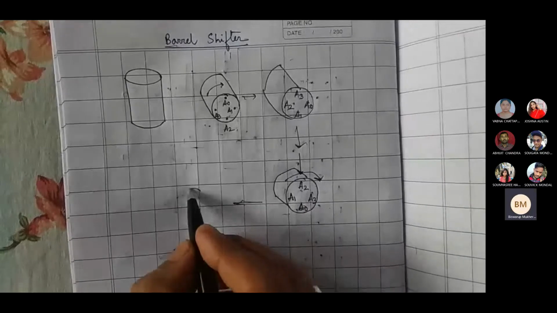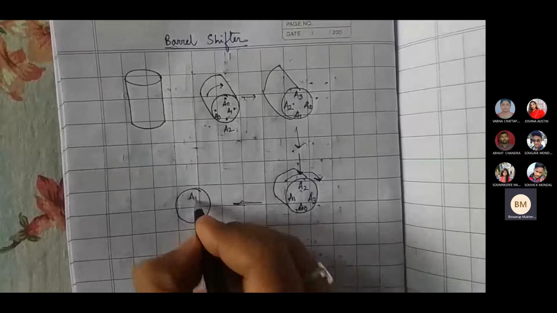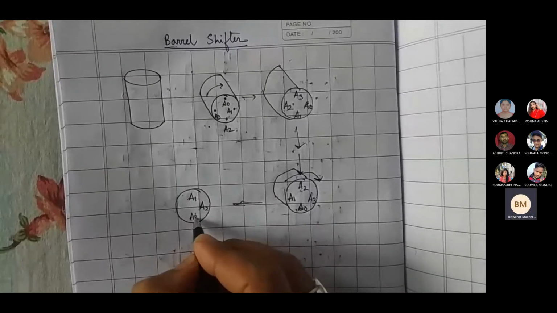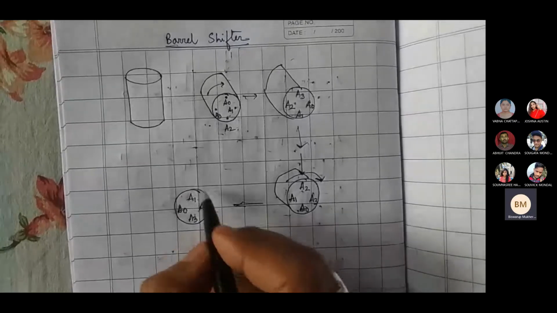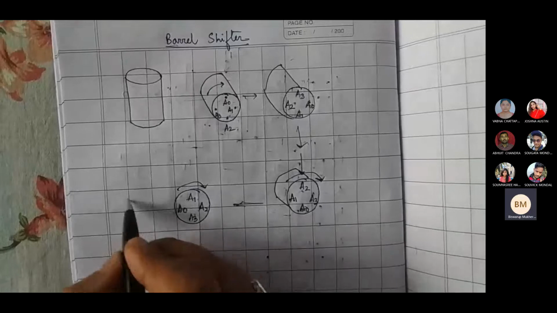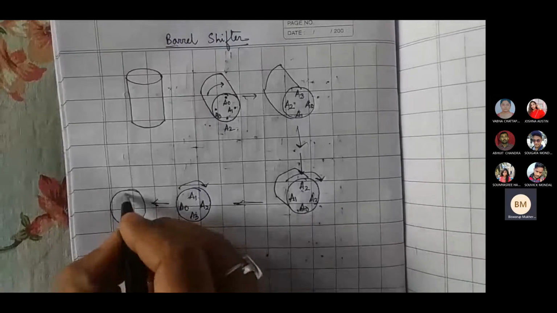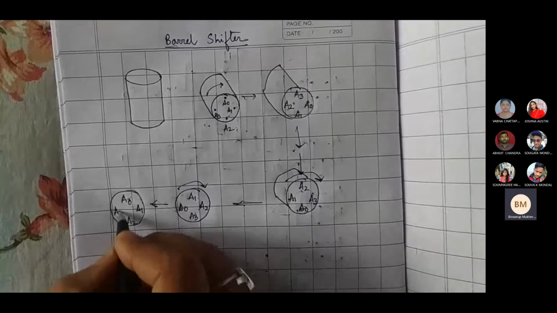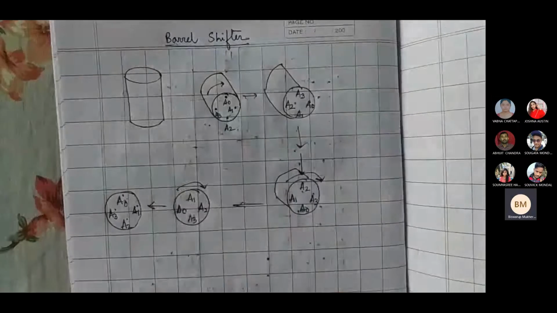And next is again this: A1 will come up, A1 followed by A2 followed by A3 followed by A0. This is the next rolling. Again, if you roll, it will come to the initial stage as A0, A1, A2, A3. একই রকম আবার চলে আসবে, the 4 points. So that is something like the barrel shifting process.